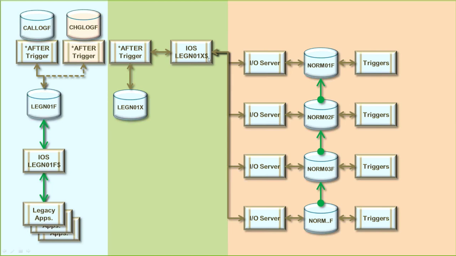So this IO server is almost like a separator. It's a parser. It takes it apart and updates, inserts, or deletes from these various normalized files, based, of course, on the rules that you have applied by triggers and constraints.